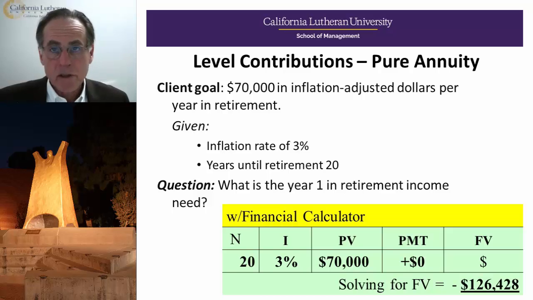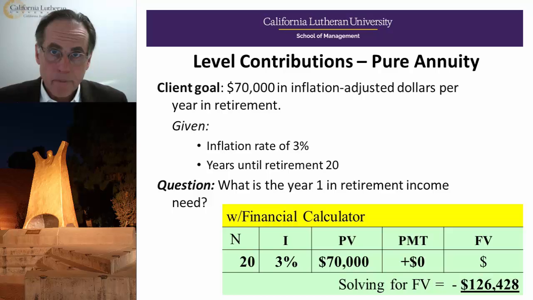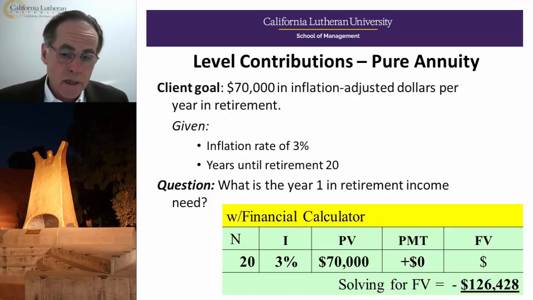So step one is to inflate $70,000 to that year one of retirement. Using the financial calculator, the number of years is 20. That inflation rate is 3%. The current living need is $70,000. There's a zero payment and we're solving for the future value. You see that that year one need is $126,428.